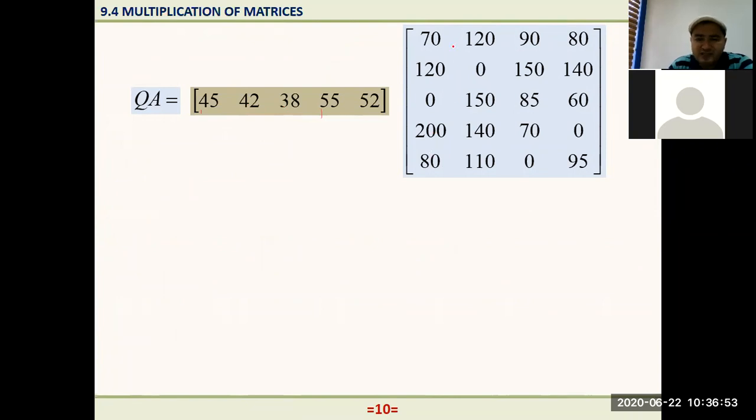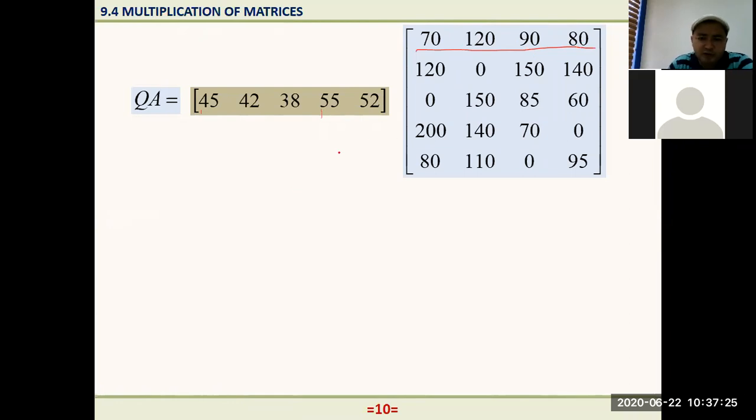To do this one, if you just pick the first one, that is outlet A, because in each delivery, outlet A received 70 fish OTAs, 120 prawn OTAs, 90 squid OTAs, and 80 mixed seafood OTAs, right? And if they make 45 such deliveries, what can we do here? I need to multiply 45 by this, and by this, and by this, right?